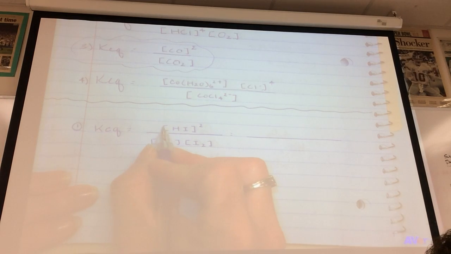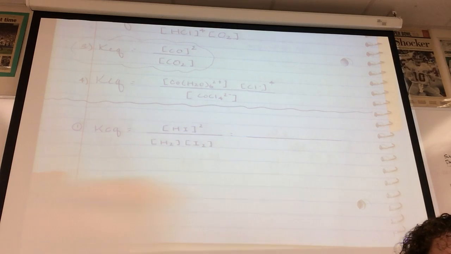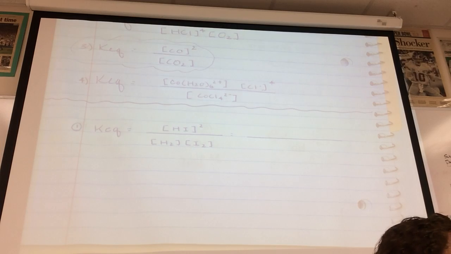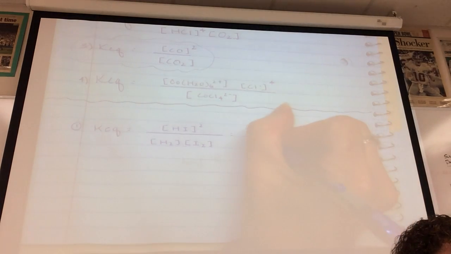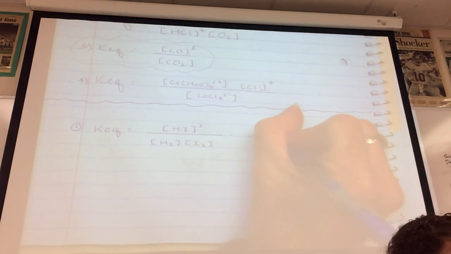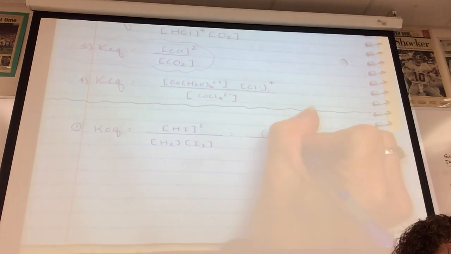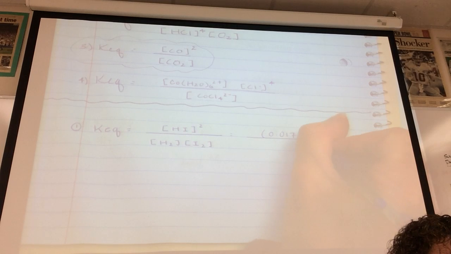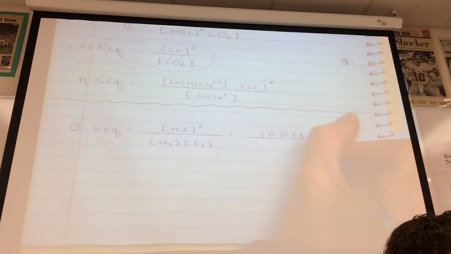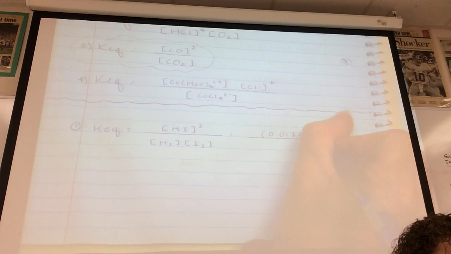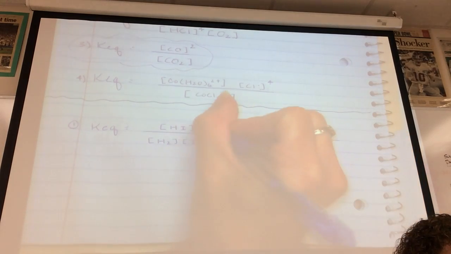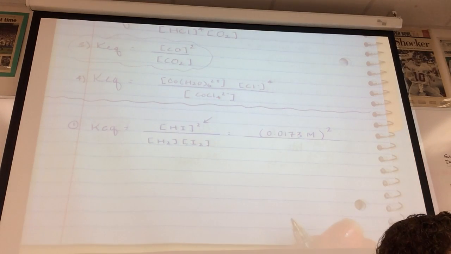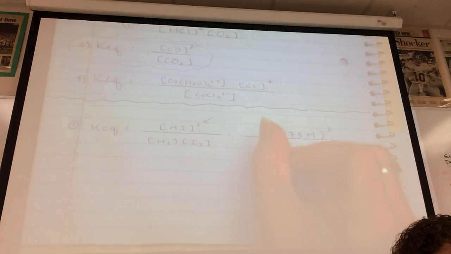Now when you write the KEQ expression, you need concentration brackets, as we talked about in the previous chapter. When you go to solve it, you can just use parentheses: concentration of hydrogen iodide, 0.0173 molar, and you have to square that because of the coefficient of 2 from the balanced equation.